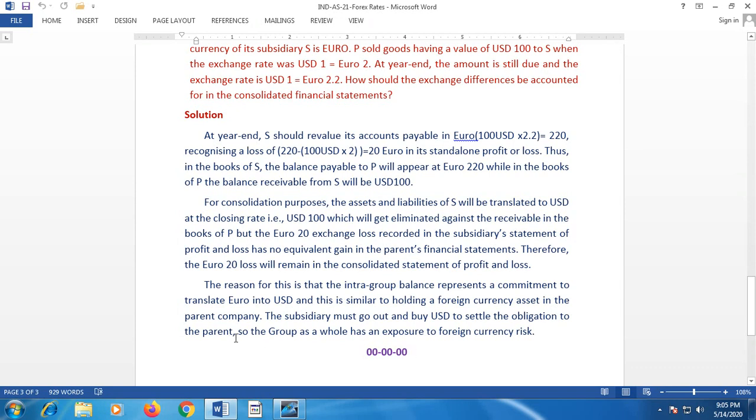That means the exchange difference has to be recognized, because in case it has to pay in US dollar, it has to buy in US dollar only. That means it has to shell out 220 euros, not 200 euros. So the group as a whole has an exposure to foreign currency risk.